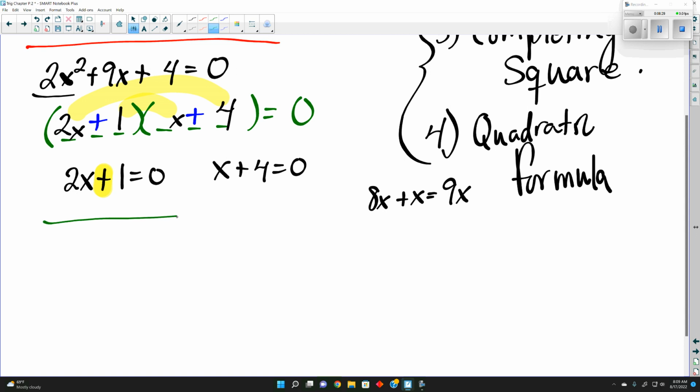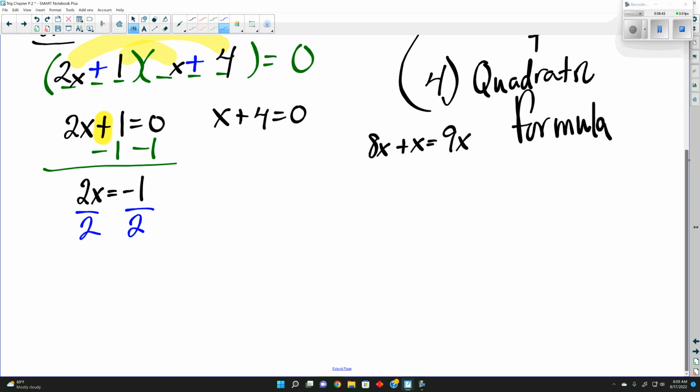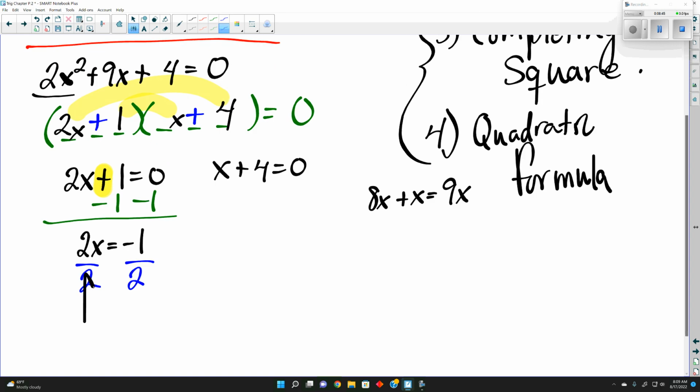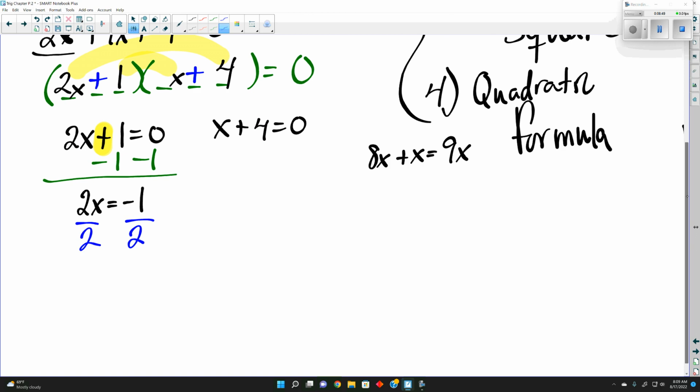As for the first one here, we can subtract 1 from both sides, telling us 2x is equal to -1. Divide both sides by 2, telling us that x is equal to -1/2.